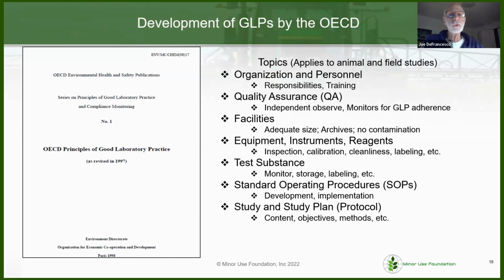The test substance that's used in the field, for example, needs to be monitored for temperature during its storage from the time you receive it at your facility until the time of the last application. At the end of the study, you will have a printout of the temperatures, or you can record it with the min and max thermometer. We want to make sure that the test substance has not lost its integrity during storage, making sure it didn't freeze or get too hot.